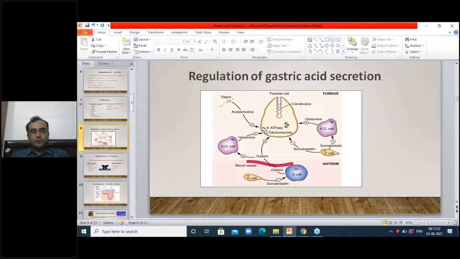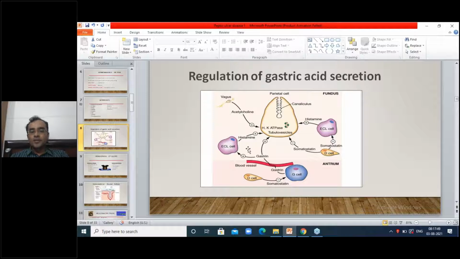The potassium pump basically leads to the secretion of the potassium ions in the canaliculus against the concentration gradient, and the chloride ion gets secreted passively along with the potassium and the hydrogen ions, and thus the hydrochloric acid is released in this canaliculus and from it into the lumen.